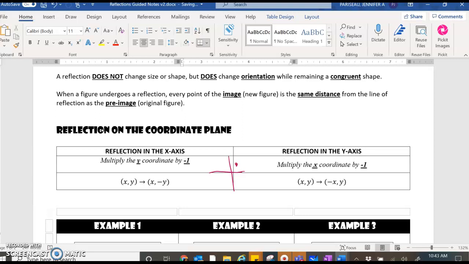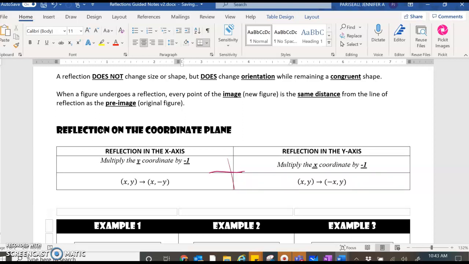Sometimes it says in, sometimes it's over, reflect over the x-axis. Well, if I reflect over the x-axis, I'm crossing from quadrant 1 to quadrant 4. So the x value doesn't change, but the y value becomes the opposite sign. Basically what we're doing is multiplying the y by a negative 1, okay?